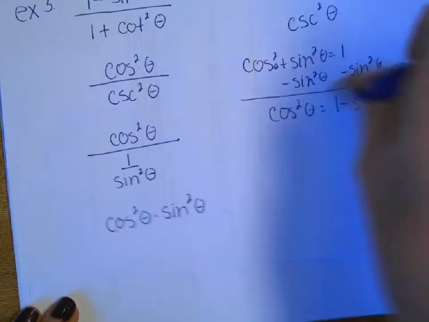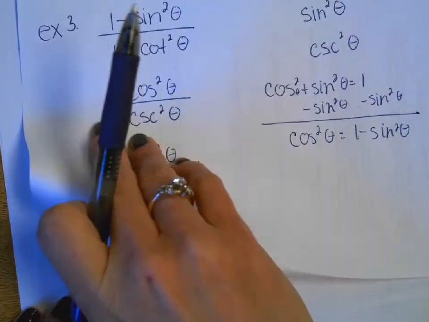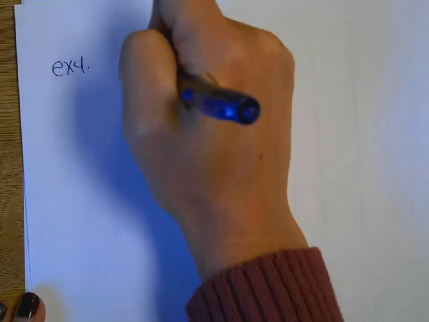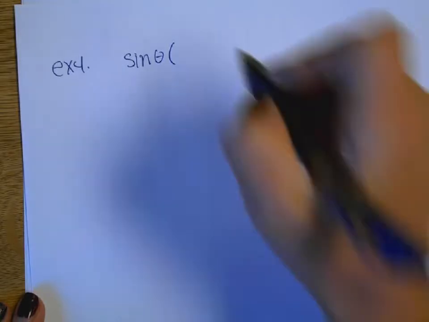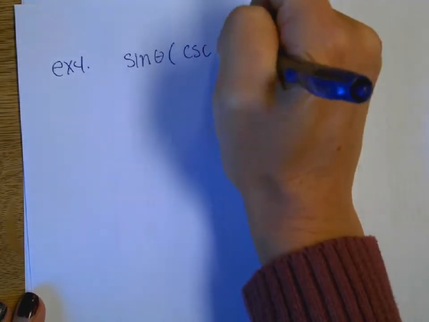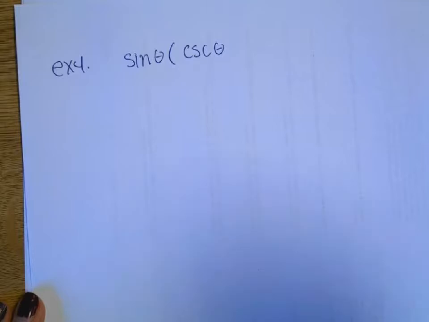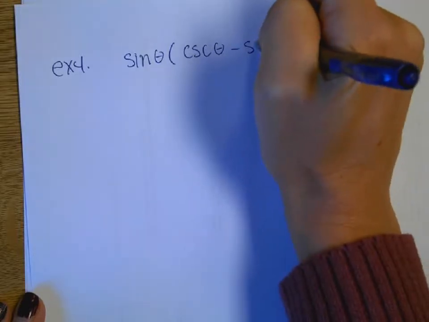Okay, number 4. Sine times cosecant minus sine.